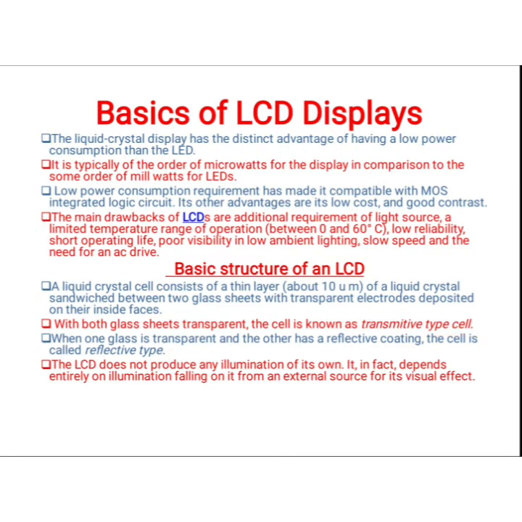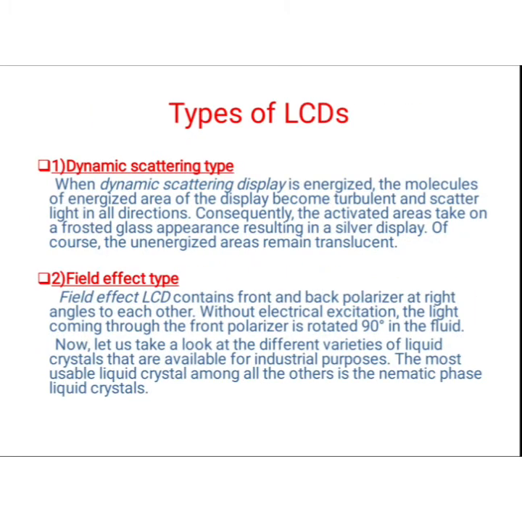Now coming to the different types of LCDs, as I told you, dynamic scattering type and field effect type. What does dynamic scattering mean? Based on the alignment of molecules in the liquid crystal, we classify this. Dynamic scattering means the display consists of two glass plates, with the liquid crystal at the center, and glass plates at top and bottom.